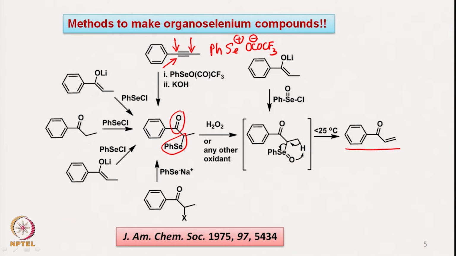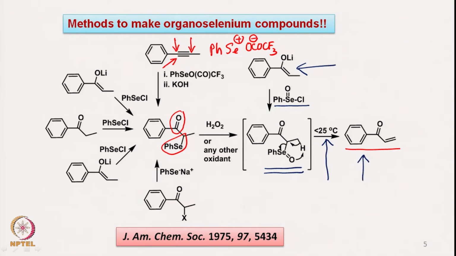Alternatively, one can also take the enolate of this type, and directly treat with this particular phenylselenyl chloride and get the corresponding selenoxide here directly without the use of any oxidizing agent, which, as you can see, requires only lower than 25 degrees temperature to let the compound undergo selenoxide elimination, and the same substrate is formed readily.